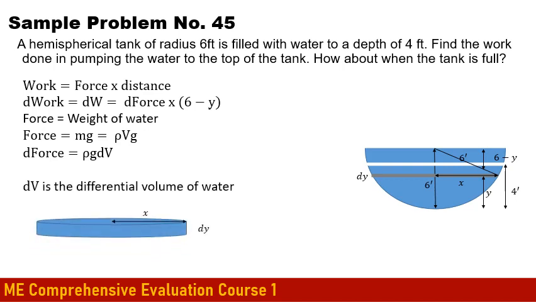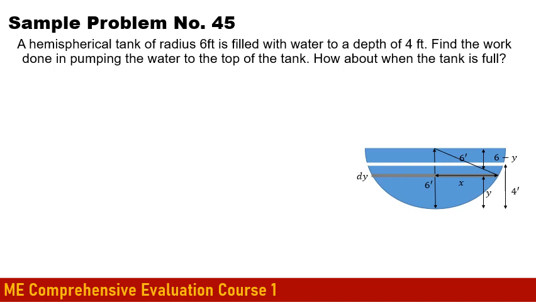From this figure, this is the volume of the water that we are to take out from the tank. So the volume of that water is simply pi x squared dy.